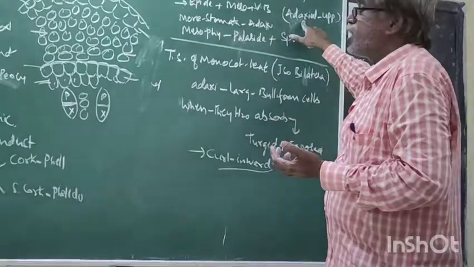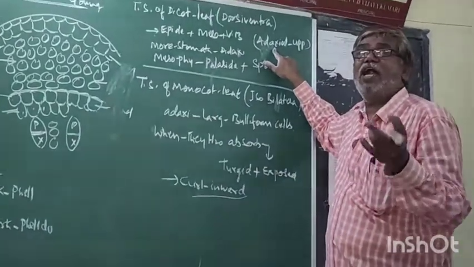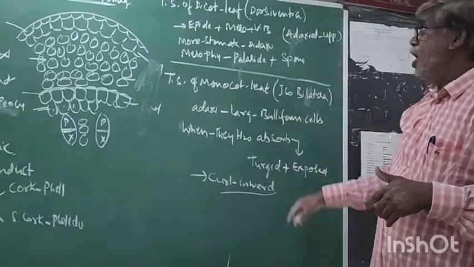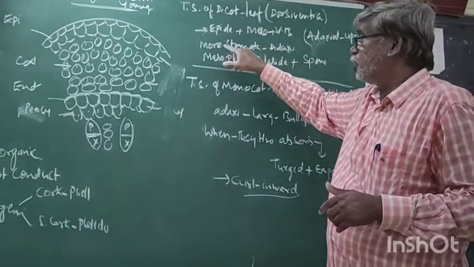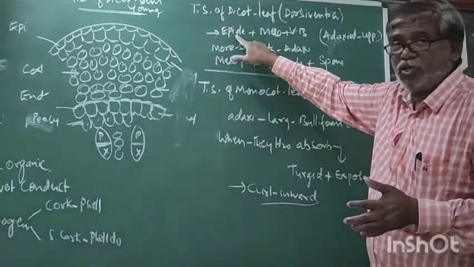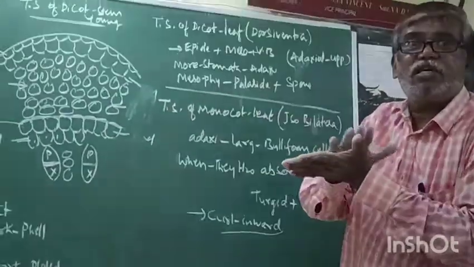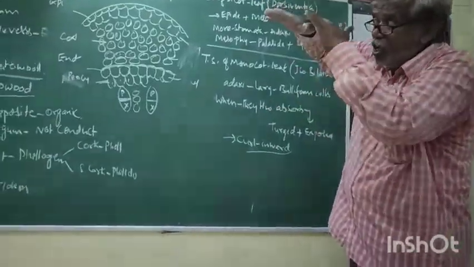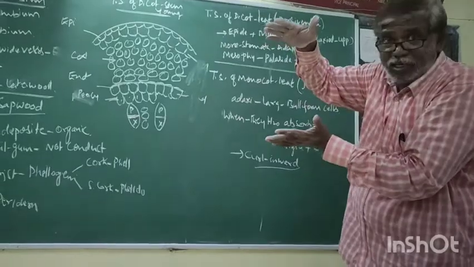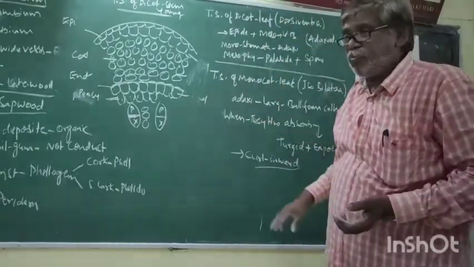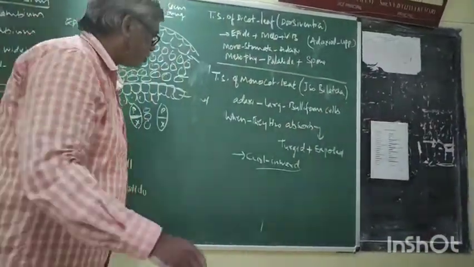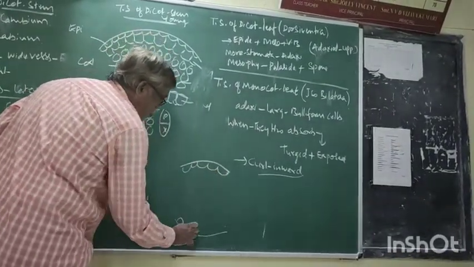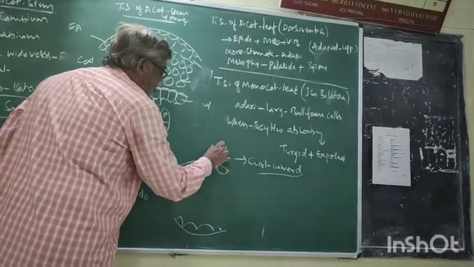The upper epidermis is called adaxial and the lower is abaxial. So the first area is the epidermal region, between adaxial and abaxial.